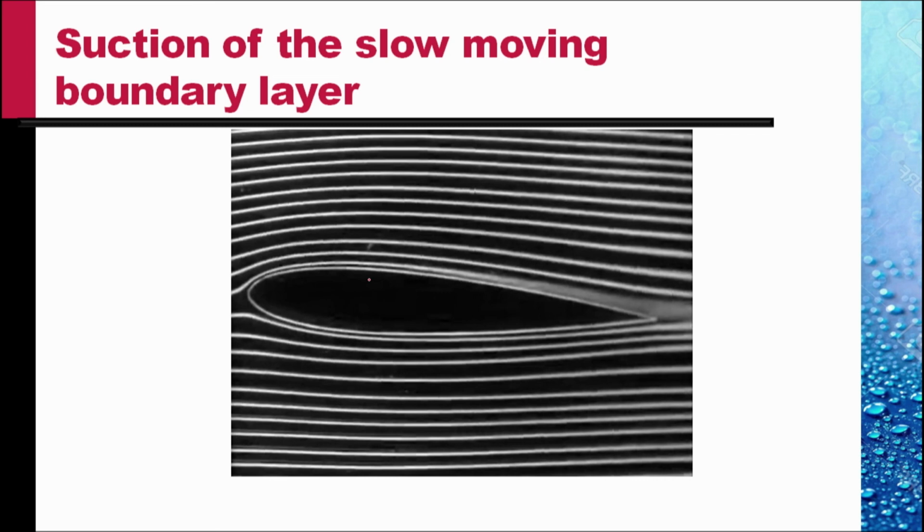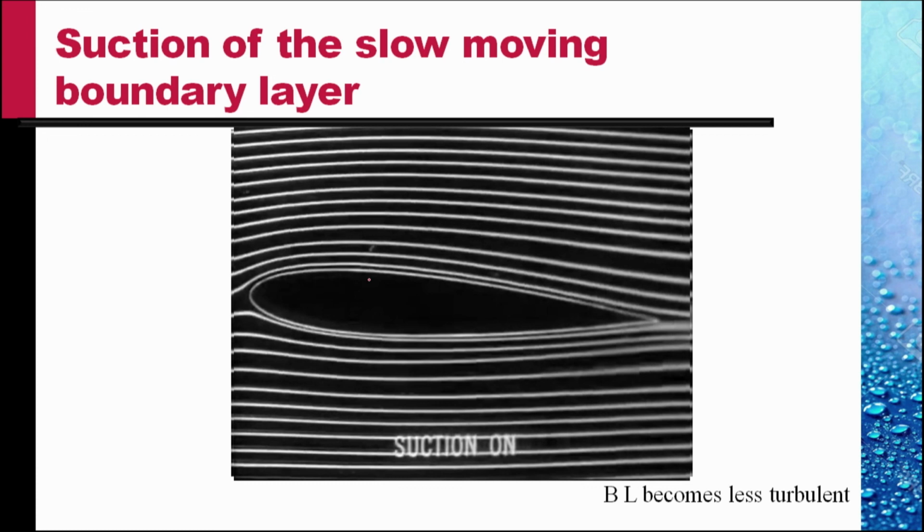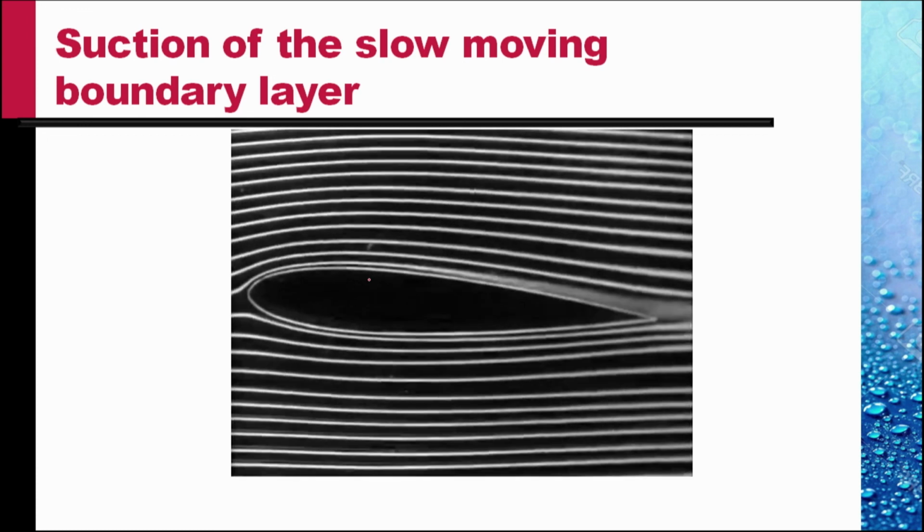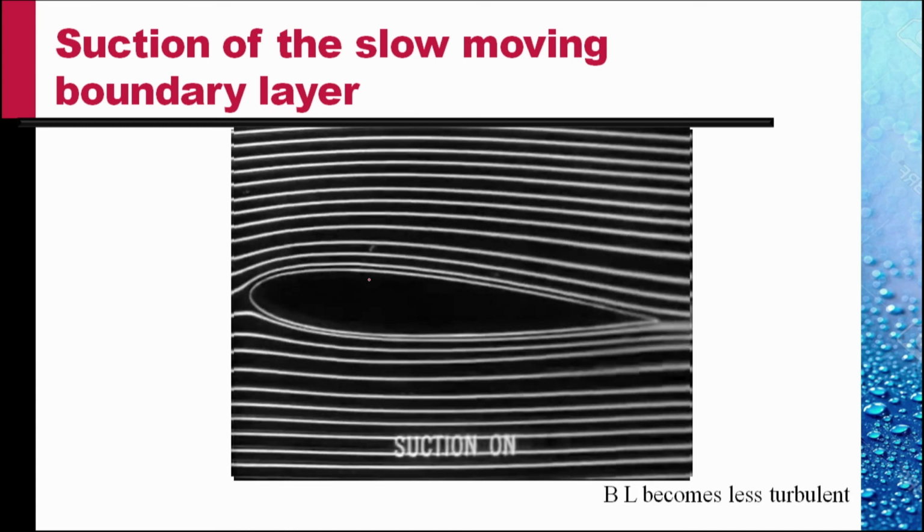Also, again, we would see in this case, the boundary layer becomes less turbulent when the suction is turned on the upper surface.